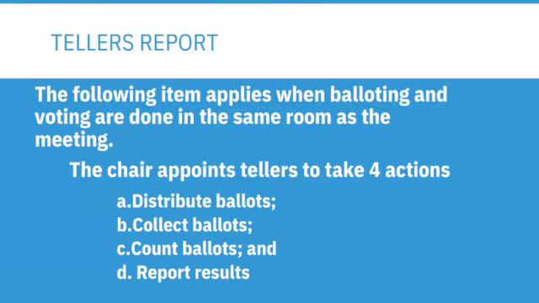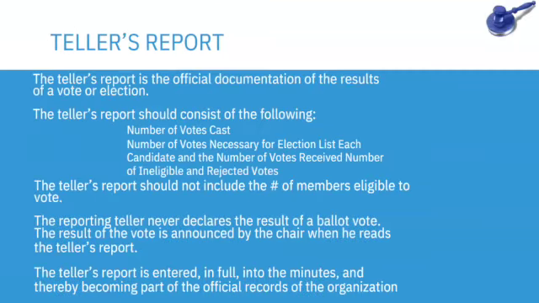Now, these ballots can be paper. They can also be electronic. Still does the same thing, but there's always a teller. So this teller's report is very important because it goes in your official documents and it gives you the result of a vote or an election.